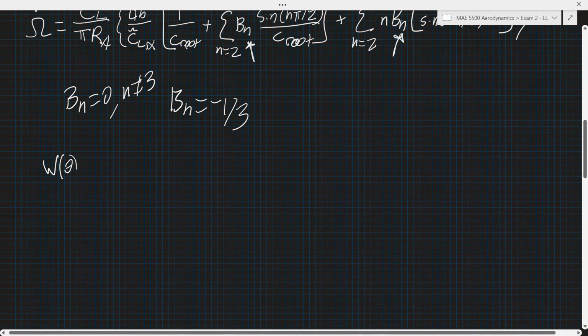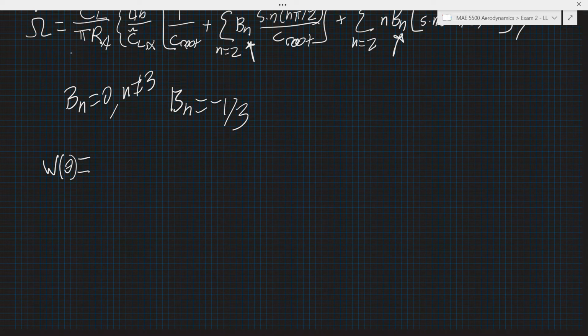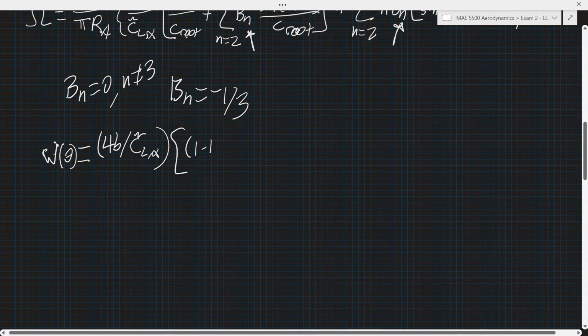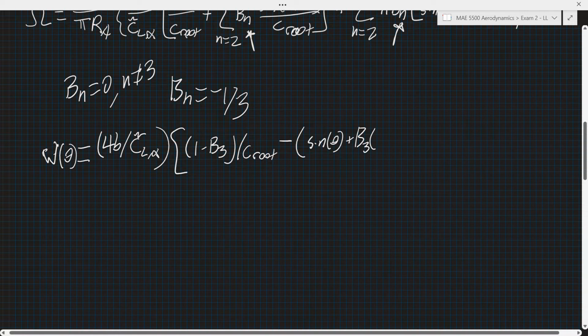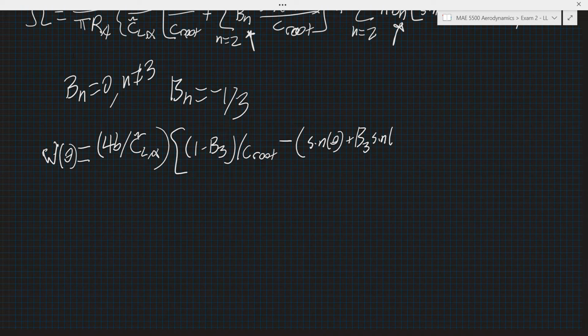It simplifies it down quite a bit. So we have omega of theta, and I'll add little curlies on my omega, is going to be 4b over CL alpha tilde times 1 minus B3 all over C root, minus sine of theta plus B3 sine of 3 theta, all of that divided by C of theta, close bracket.